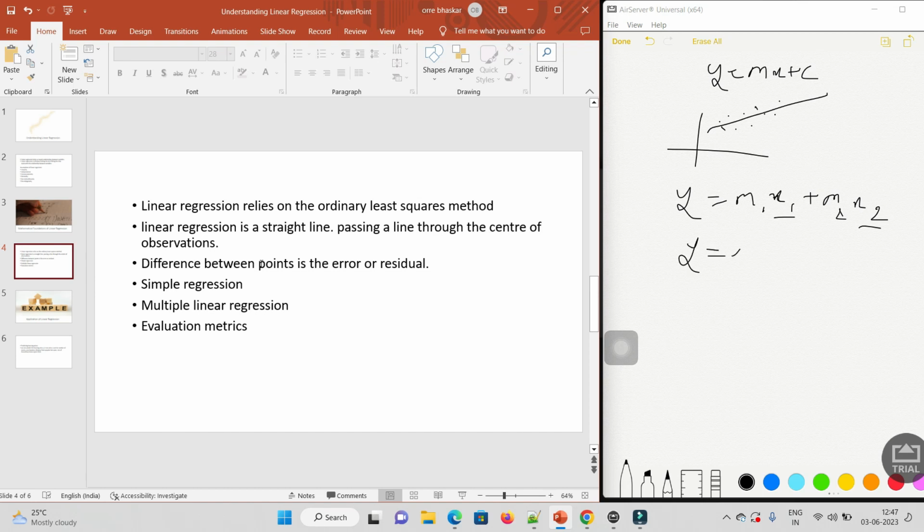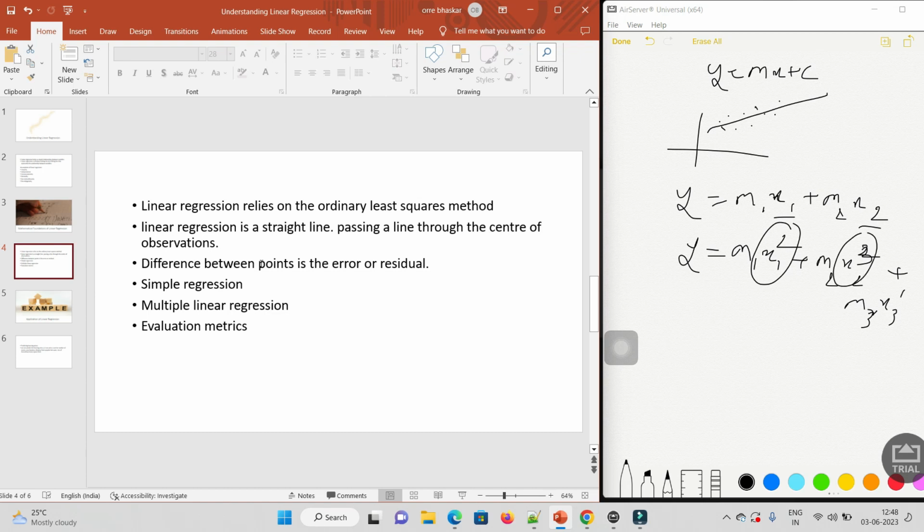What about y equals m1 x1 squared plus m2 x2 cubed plus m3 x3? So is it a linear regression? You are having square, cube, and so on.